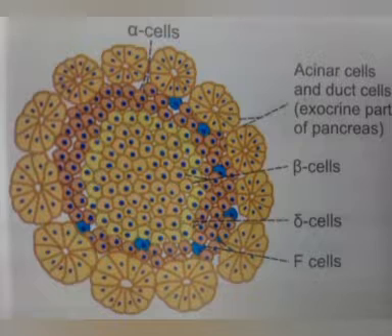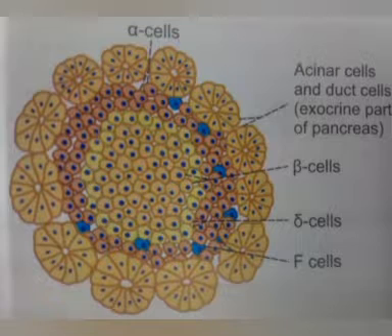These 4 cells are the alpha cells or A cells, which constitute about 17% of the pancreatic islet cells and secrete glucagon. The beta cells or B cells constitute about 70% of pancreatic islet cells and secrete insulin.